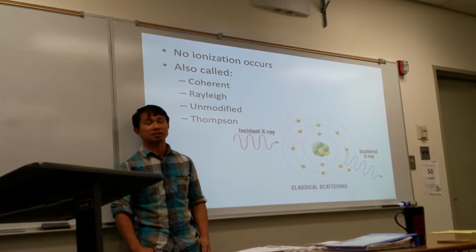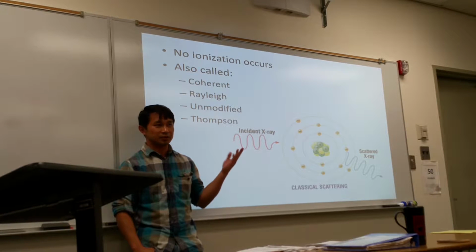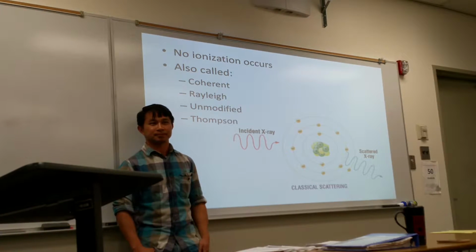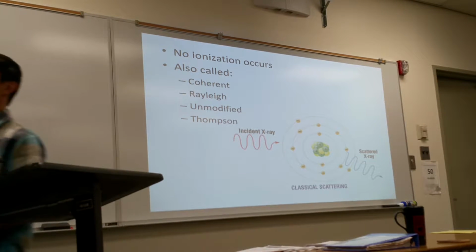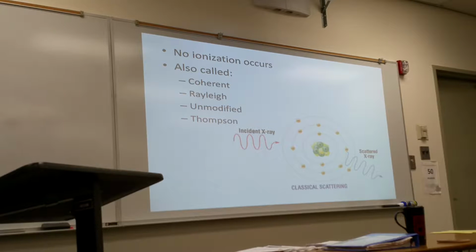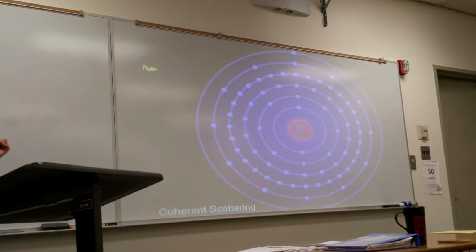I don't know why they have so many different names for this one. I'll research it, but those are different names used for the same thing. Maybe it was discovered by different people at the same time. So here's an animation of classical coming in and coming out. Same wavelength.